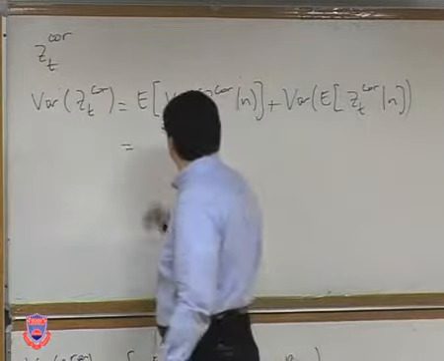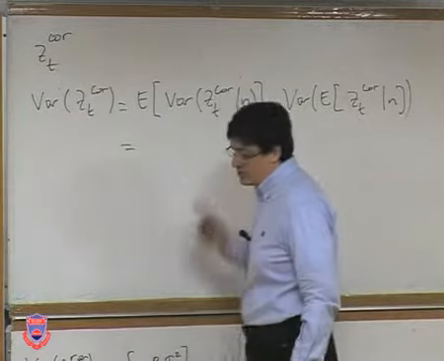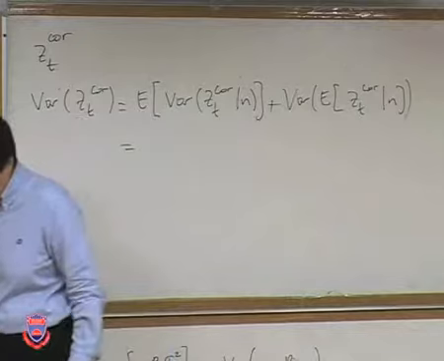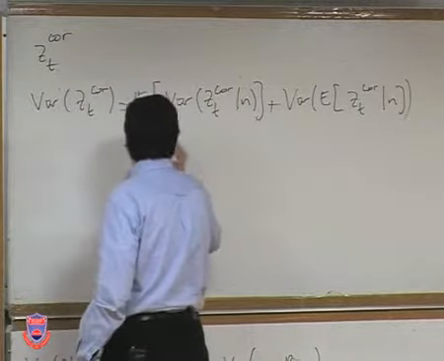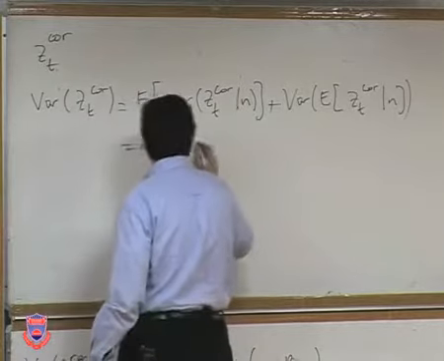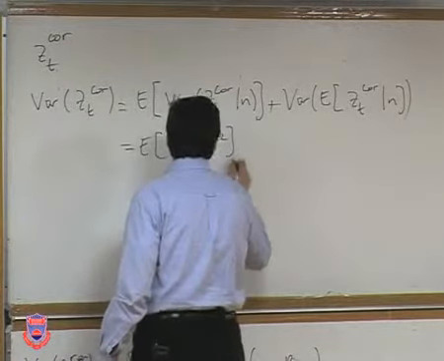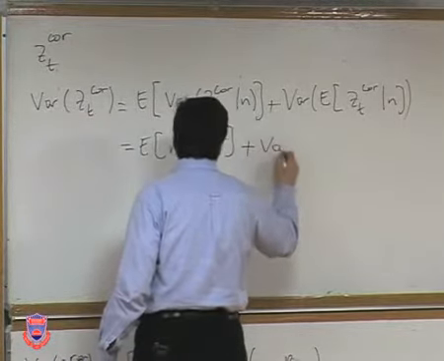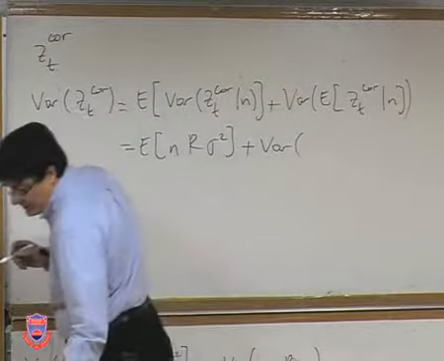So term by term, now I am going to write this one. This is going to be expected value of n r sigma square plus the variance of n r m.